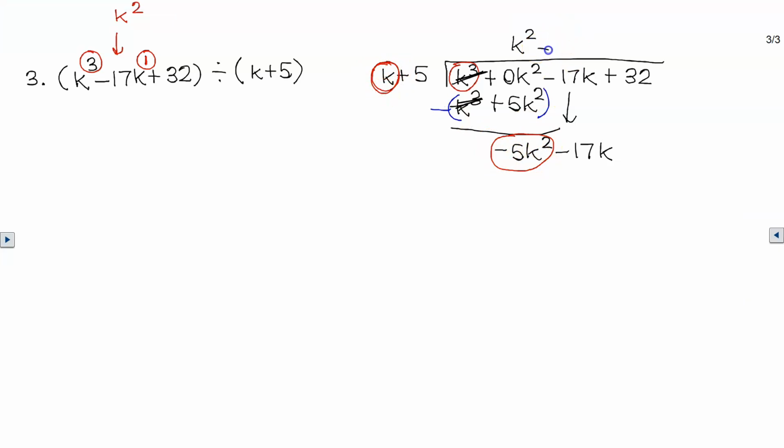And the answer is I would have to multiply it by negative 5k. Notice that it lines up above the k term in the problem. All right, so now we're going to do negative 5k times k, which will give us negative 5k squared. And then negative 5k times 5 is negative 25k.